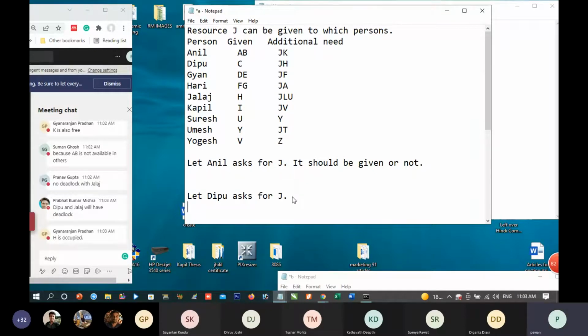Deepu may ask for H. Deepu depends on H. It is with Jalaj.